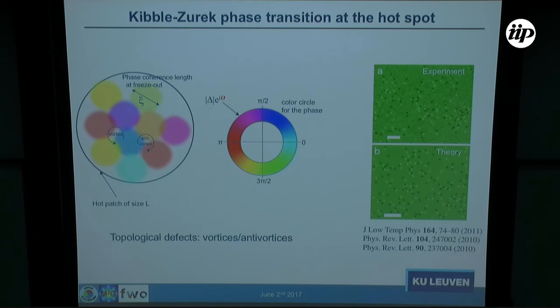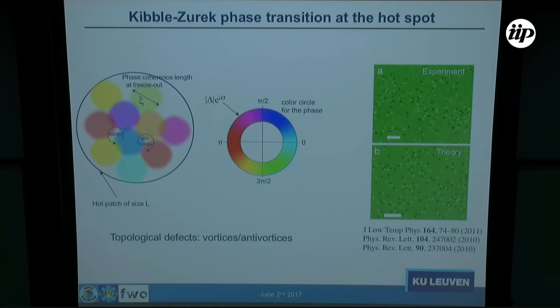However, if you quench the sample, at some point these fluctuations freeze, resulting in isolated domains with incoherent order parameters. The mismatch between the order parameter phases results in topological defects, which are vortices and anti-vortices in superconductors. This has already been observed experimentally in some samples, and if you're interested, you can go to these references.